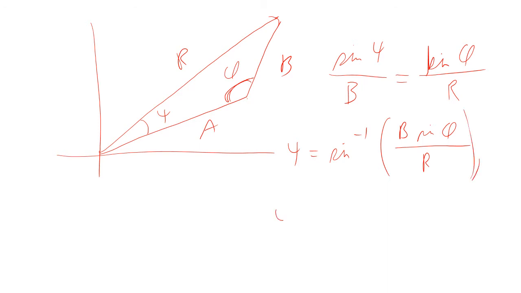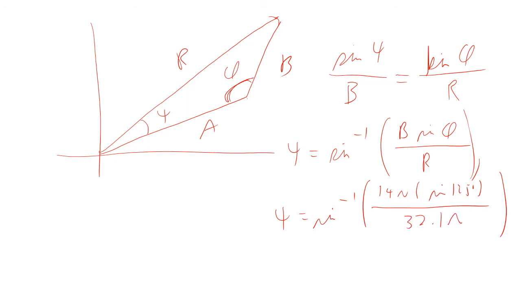Well, we know all those factors. We know, therefore, that psi is the inverse sine of B, which was 14 newtons, times sine 125 degrees, divided by 32.1 newtons. So psi comes out to be 20.9 degrees. Well, I don't want that. I actually want this angle right here, theta.